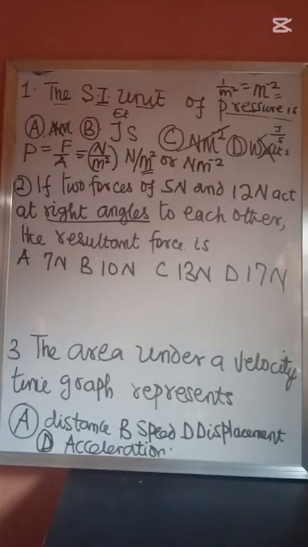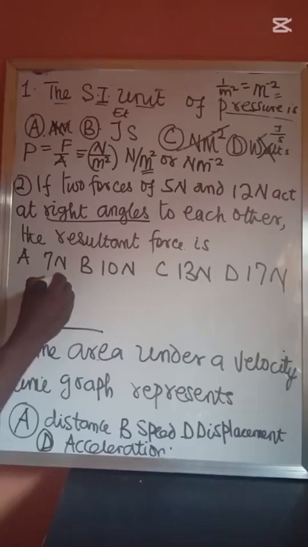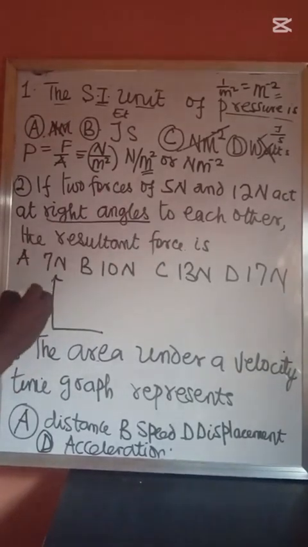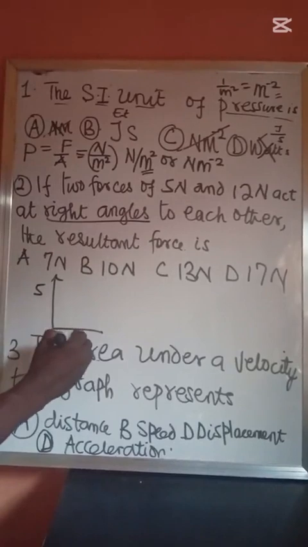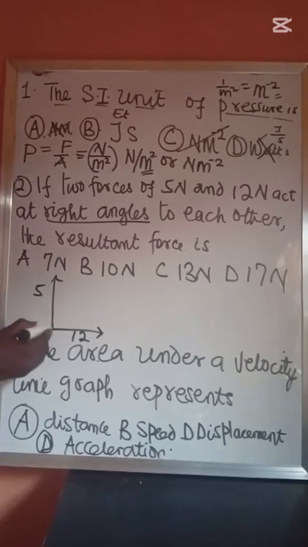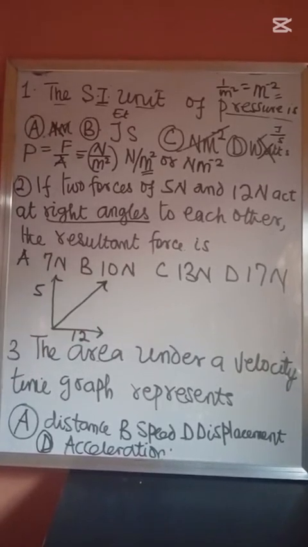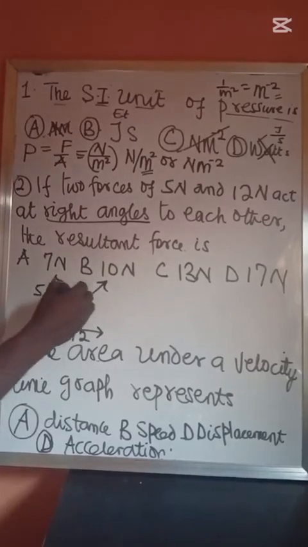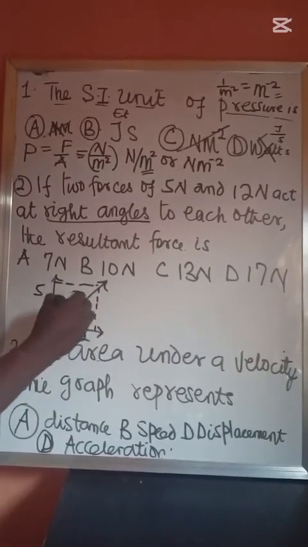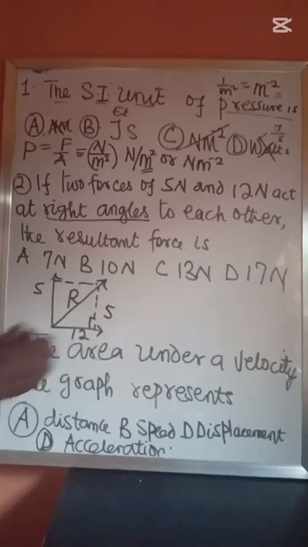So we apply our vector law, which says that if you have two forces or two vectors, because force is a vector, the first one is 5, the other one is 12. The resultant is obtained following the parallelogram law of forces or vectors. So this is the resultant. To go ahead, we have to complete this in this way. This is our R. If here is 5, this is also 5. So we have our 90 here.